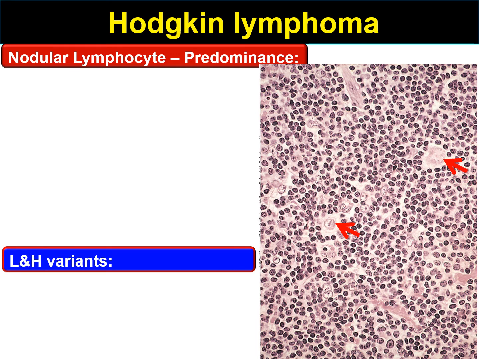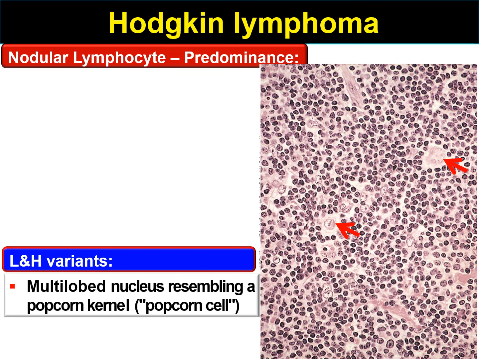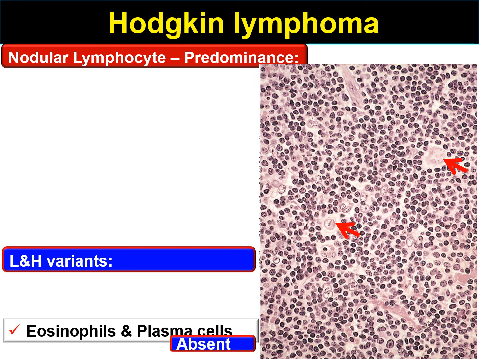The nodular lymphocyte predominance variety is associated with the LP variant of the Reed-Sternberg cell, which has a multi-lobed nucleus that resembles a popcorn kernel, hence these are termed popcorn cells. The eosinophils and plasma cells are absent in this nodular lymphocyte predominance type.